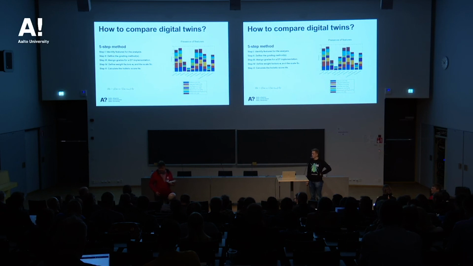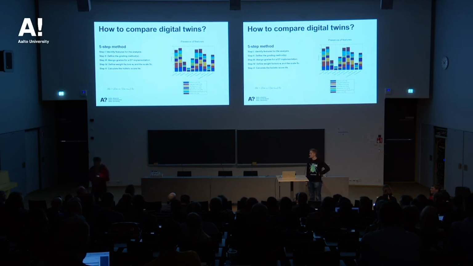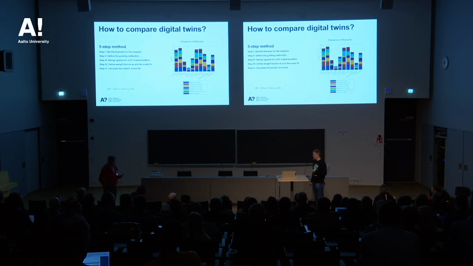Tatu Koljonen from Aalto. You have this HS score there. What do you use it in practice for, or have you used it for, and what should be its use? It's basically writing the article. It started from the urge: how can we compare? Can we make a similar comparison to digital twins as we have for autonomous vehicles?